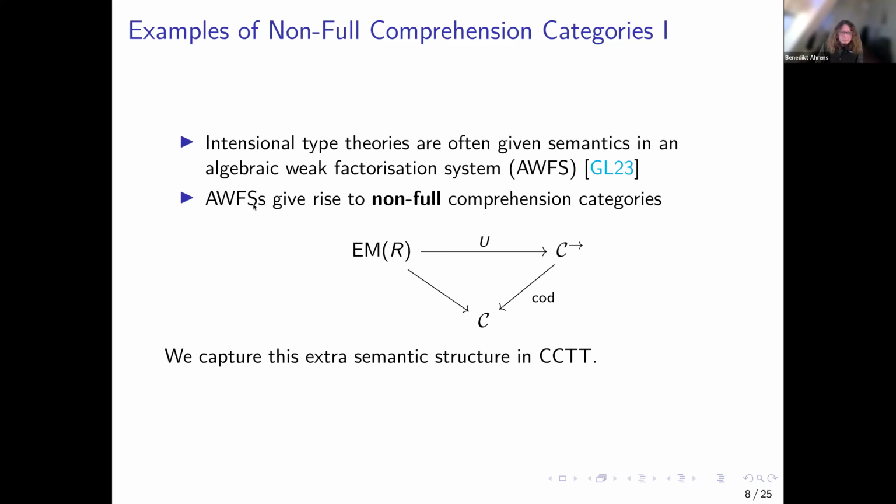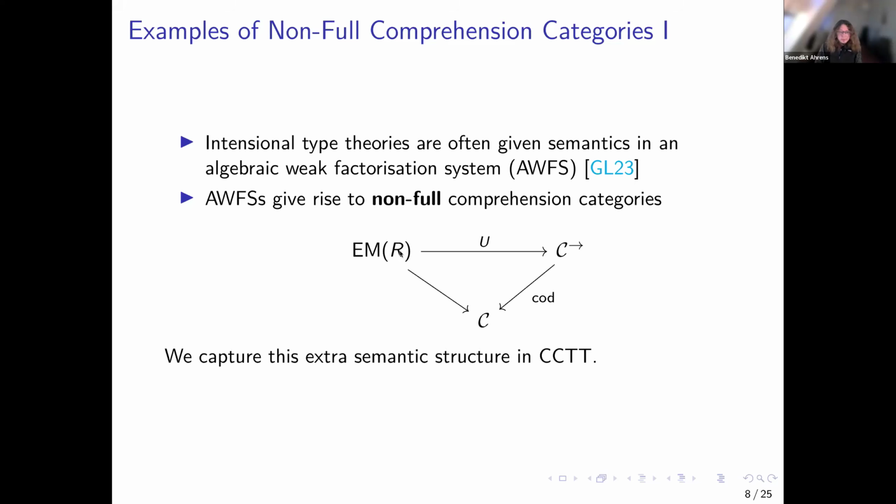I will not give the definition of an algebraic weak factorization system, but it involves in particular a monad, say R, on the arrow category of C. And then we can build a comprehension category where the category of types is given by the Eilenberg-Moore category of R. And we have a forgetful functor into the arrow category of C. That functor is usually not full.